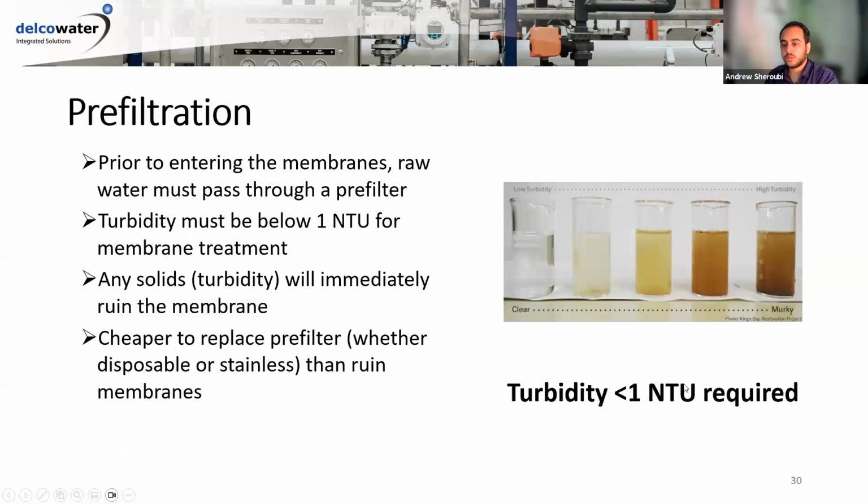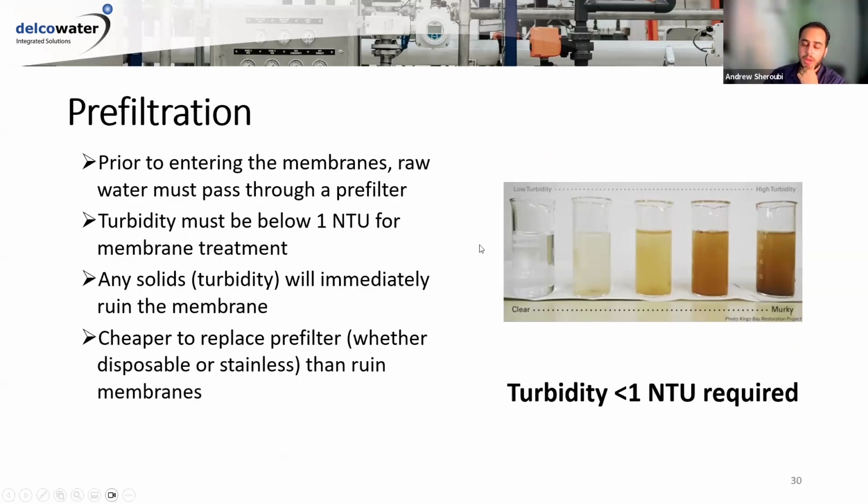So with RO systems, you'll often see a pre-filtration, and I could give another whole presentation on pre-filtration options, things like green sand or manganese dioxide media, or biofiltration, sand and anthracite, things like that, to take the load off the RO before it goes through.